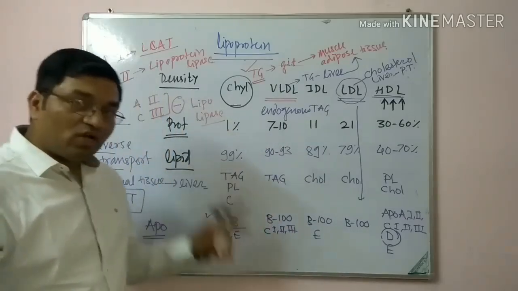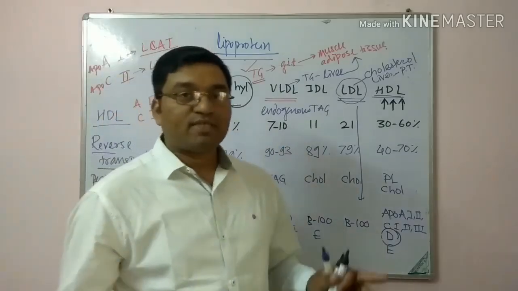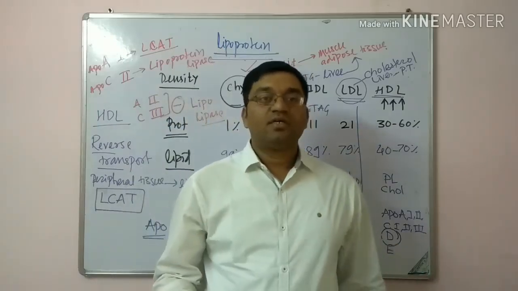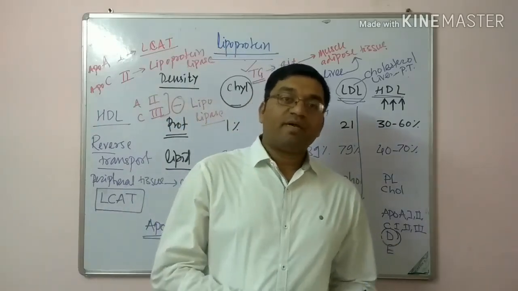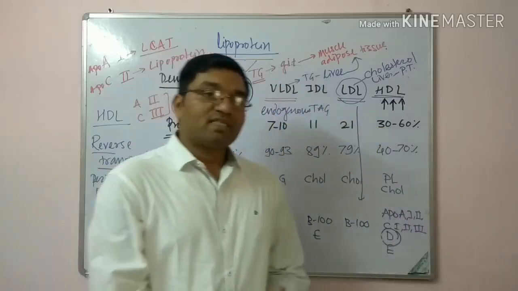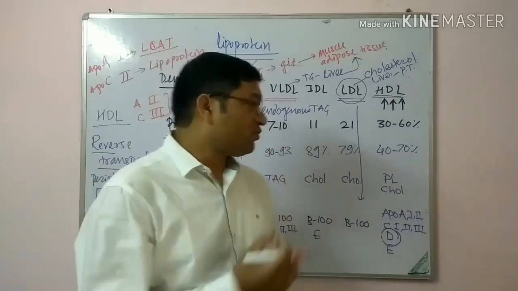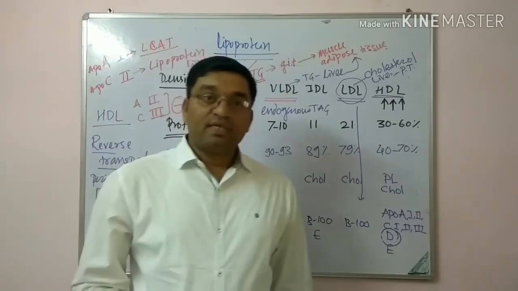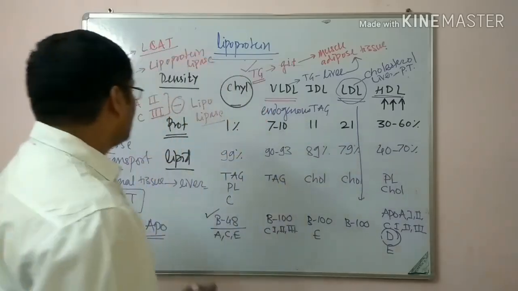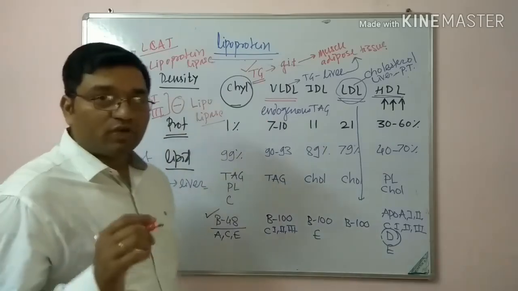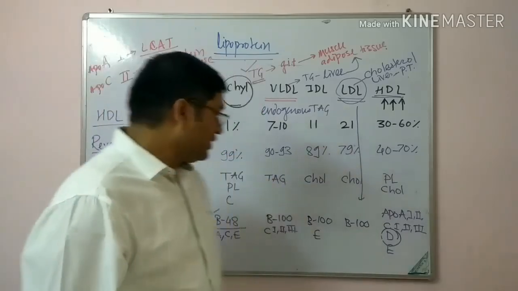So summarizing all, lipoproteins are complexes of lipid and protein. As lipid is insoluble in water, these lipoproteins are important for the transport of lipid. They are classified based on ultracentrifugation and electrophoretic mobility.